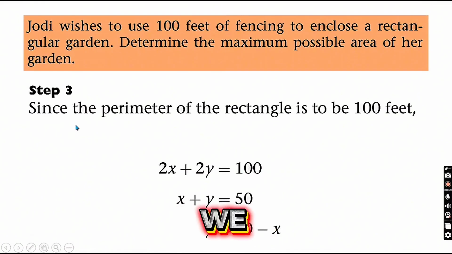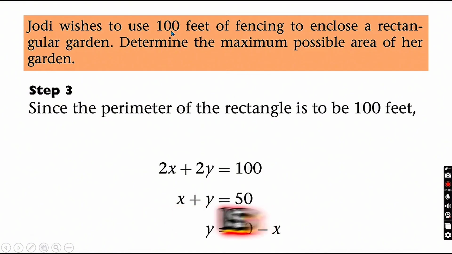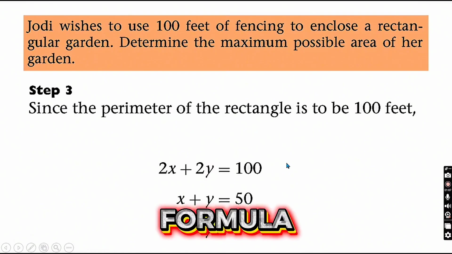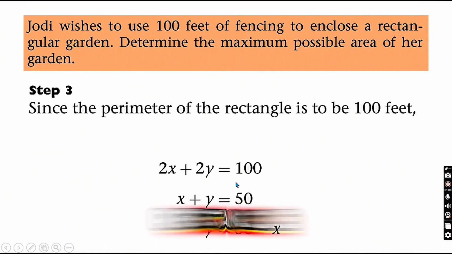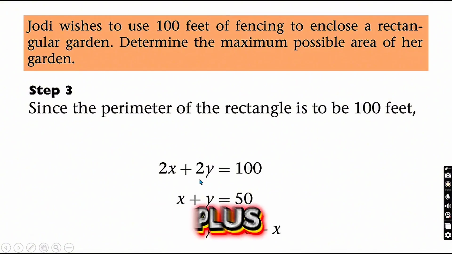Then we will consider the perimeter of a rectangle, which in the given is 100 feet. The perimeter is equal to 2 length plus 2 width. So we have here 2x plus 2y is equal to 100.